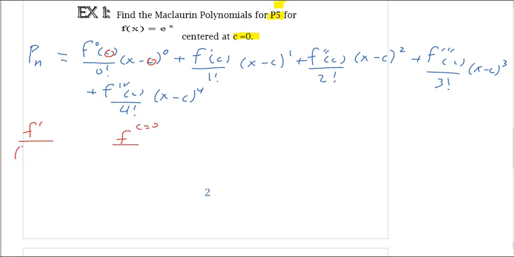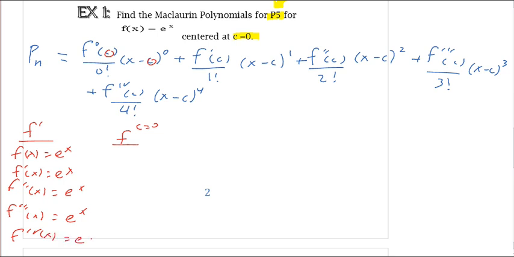The beautiful part of f of x equals e to the x is that the derivative is just e to the x. So f prime of x equals e to the x. f double prime of x is equal to e to the x. The third derivative of x is equal to e to the x. And let's go one more. The fourth derivative is equal to e to the x.